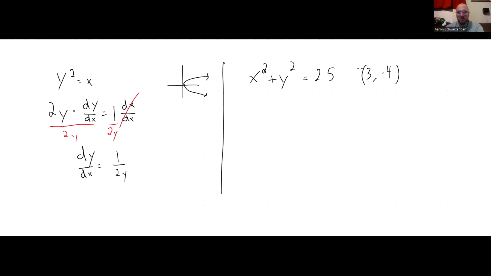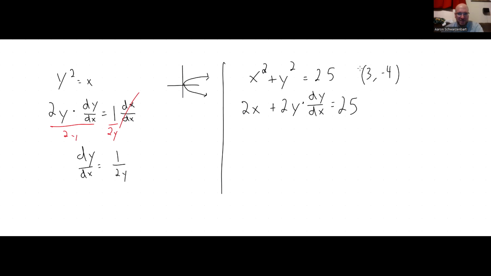So I just go about doing the derivative like normal. 2x, I don't need to write times dx/dx. 2y, but anytime I take a derivative of y, I must write times dy/dx. And then I must solve for dy/dx.